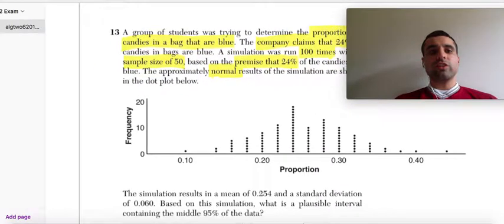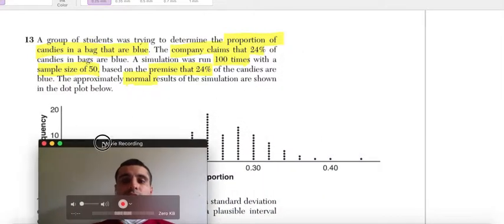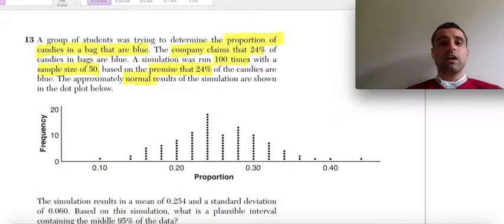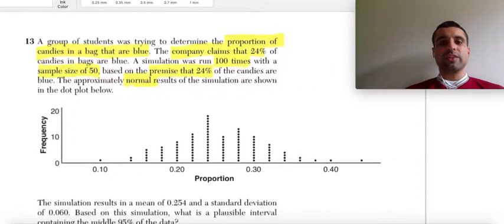So let's make sure we understand what's being said so far. The students want to know what percentage of the candies in the bags are blue, right? Now, the company that makes the candies said that 24% are blue. The students ran a simulation 100 times. Each of these dots here represents one simulation, and there are 100 of them, with sample size 50.